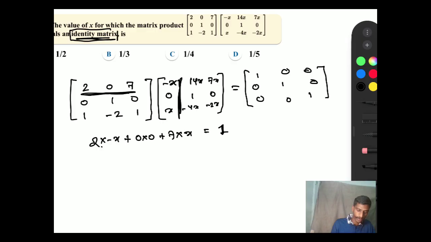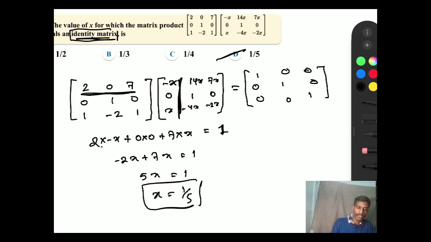So minus 2x plus 7x equal to 1, then 5x equal to 1, then x equal to 1 by 5. You don't need to solve the whole problem, just take one value and solve for it.